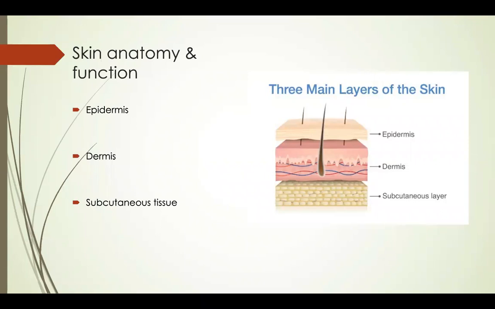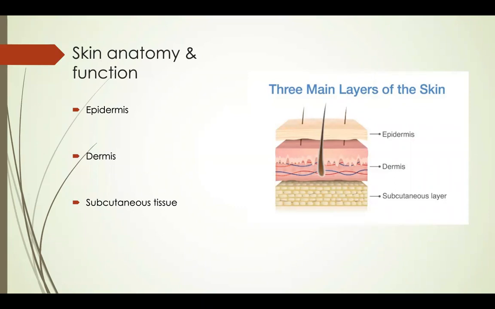Then the next layer is our dermis, and you can see that this has a lot of capillaries, blood vessels, some lymph tissue, and sometimes some connective tissue. So you're getting into the thicker layer of the skin, underneath the epidermis.